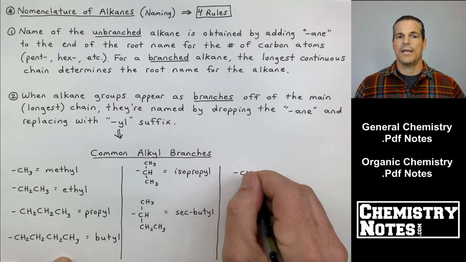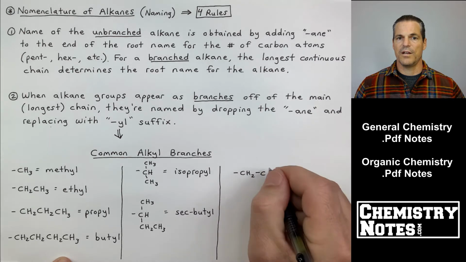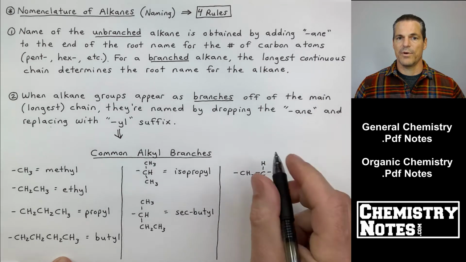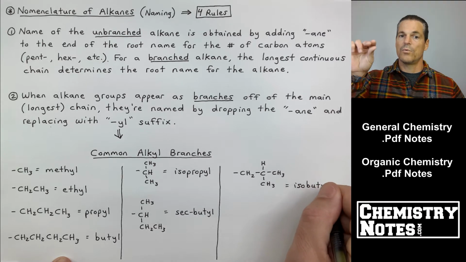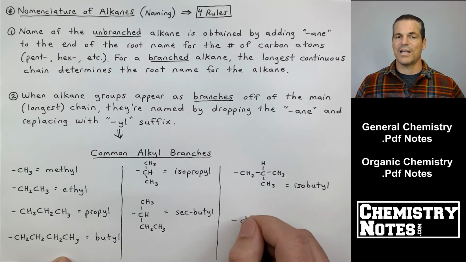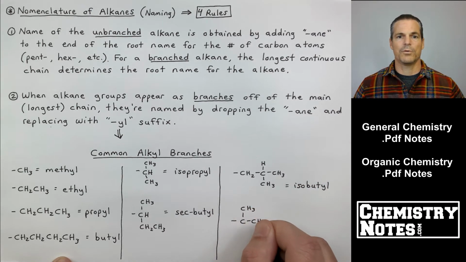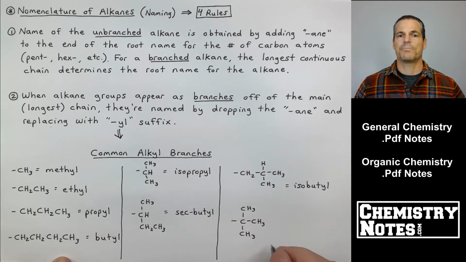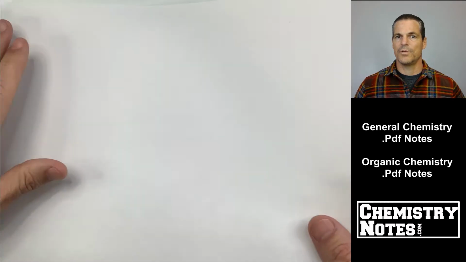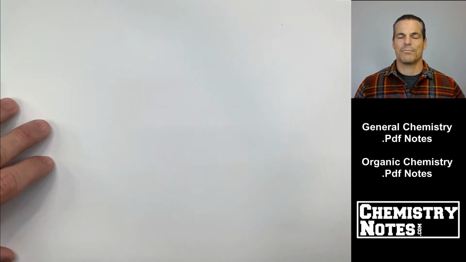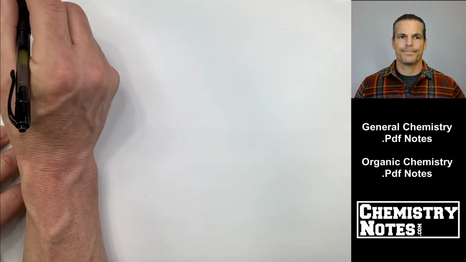And on the third column over here, if we have the following branch, CH2 connected to a carbon with 2 other carbons on it, that's called isobutyl. And the very last branch I'm drawing down there, you see quite a bit, is a tert-butyl group. Sometimes it's written t-butyl.